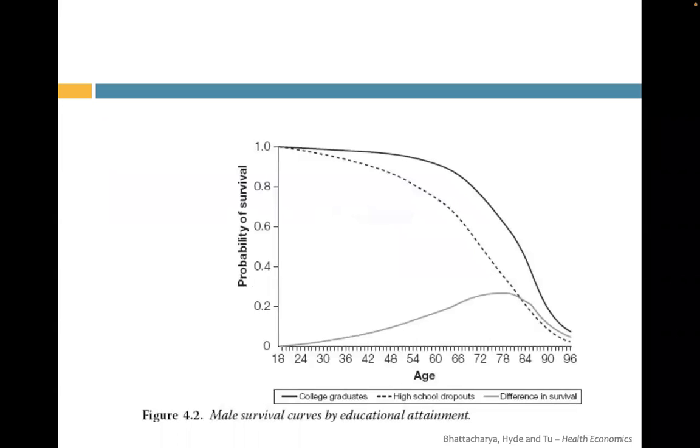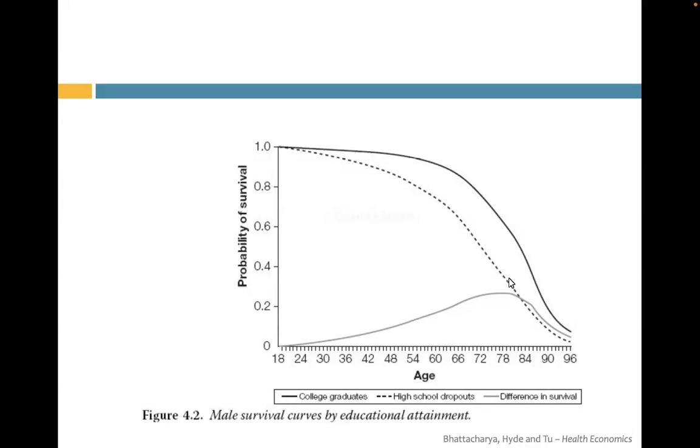This page is evidence supporting what we just talked about. In this graph, male survival curves by educational attainment. The highest line, the solid black line, is college graduates.